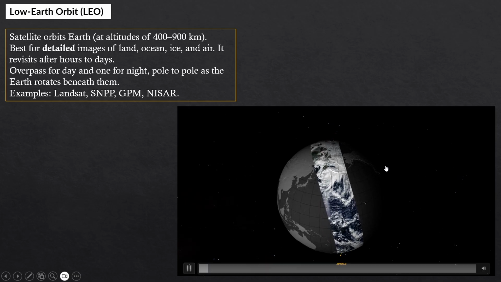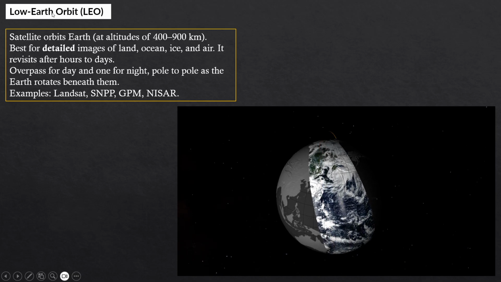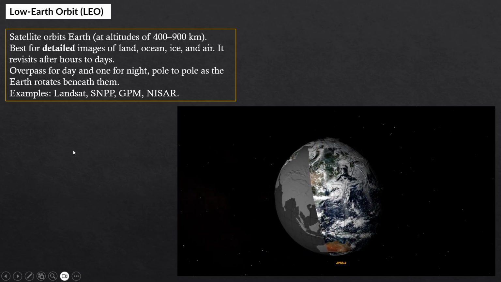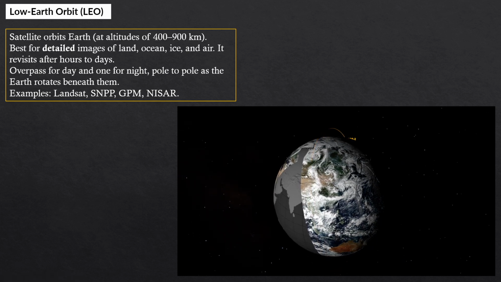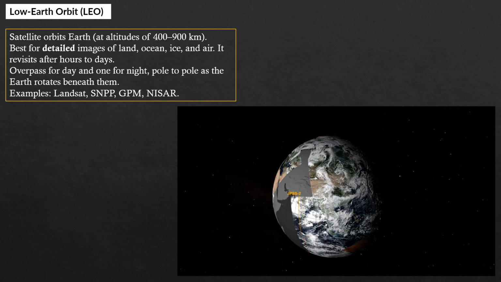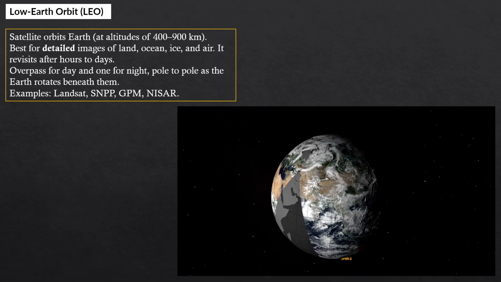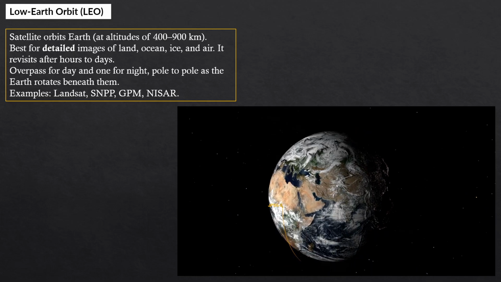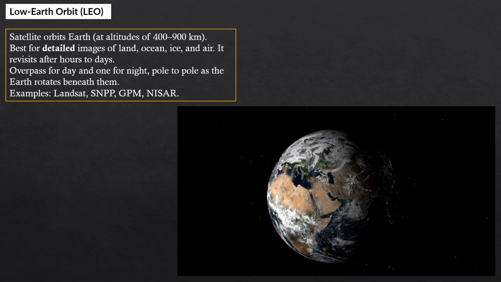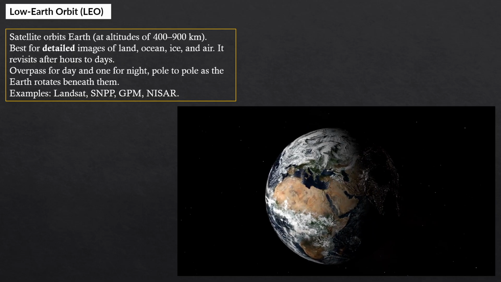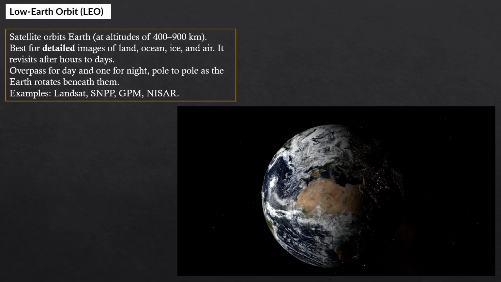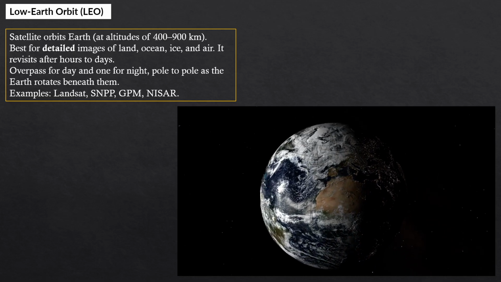This is the low Earth orbit, in which satellites rotate throughout the globe, from North Pole to South Pole, and collect data, which is different from the geostationary satellite, because that stays in one position while the Earth rotates. But here the Earth also rotates under the poles, and the satellite also rotates from pole to pole.